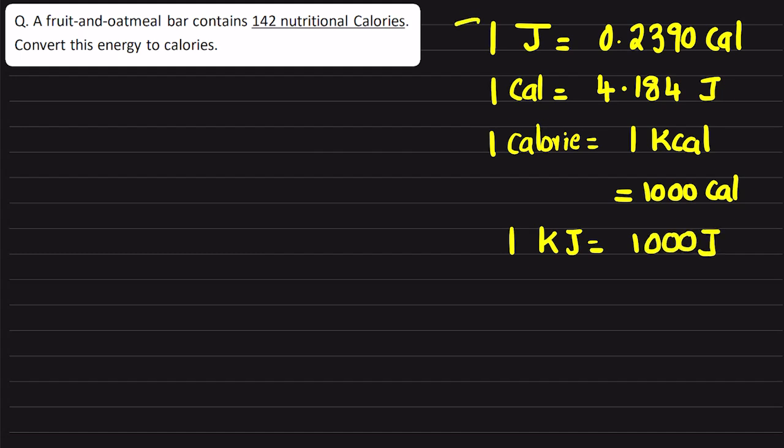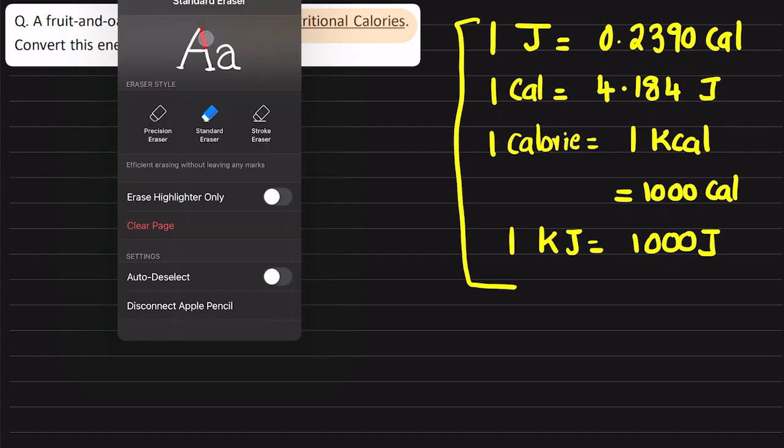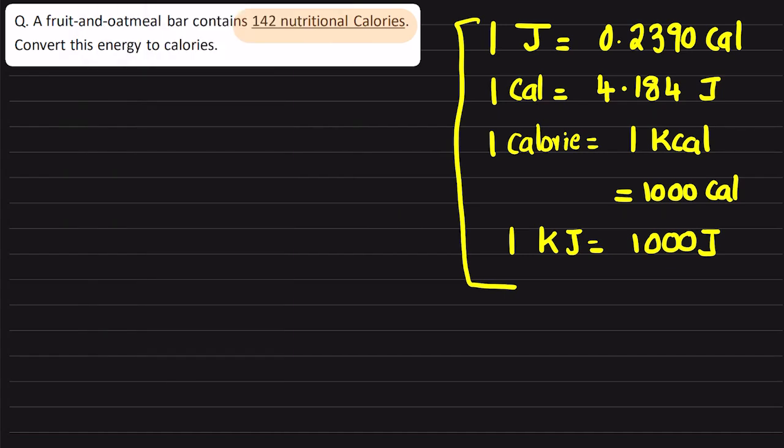Now we are looking at the question. First of all, we need to highlight. A fruit oatmeal bar contains 142 nutritional calories. Convert this energy to cal. So what do you understand from the question?